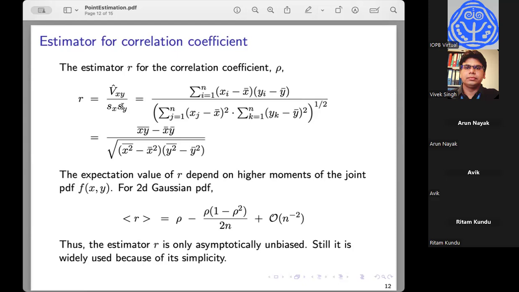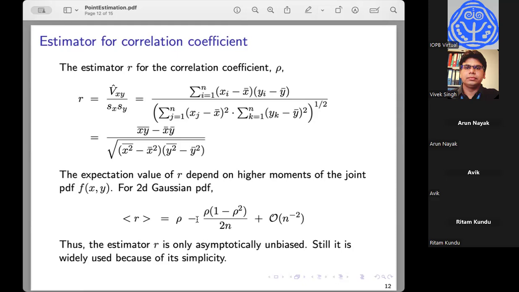That means if you calculate the expectation value of R, you will find it is equal to rho minus rho times (1 minus rho square) over 2n. Now this term, if n is small, will be some finite value. But if n is very, very large, in the large sample limit, then you can make this tend to 0, and then R converges to rho.